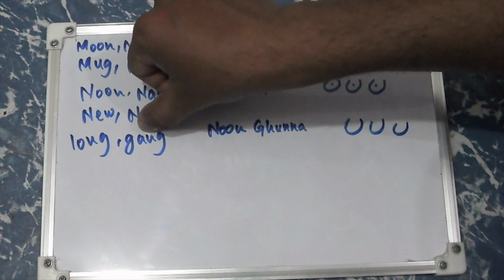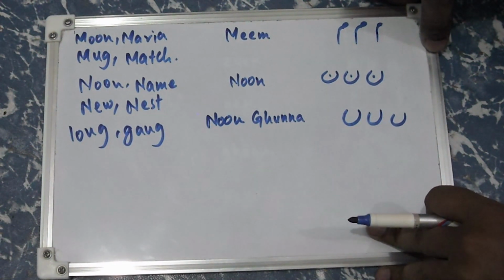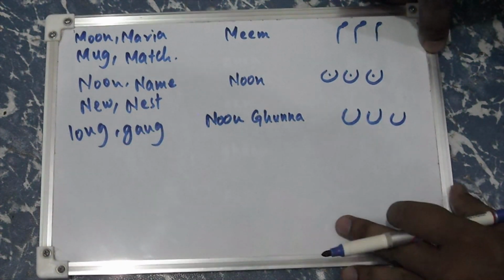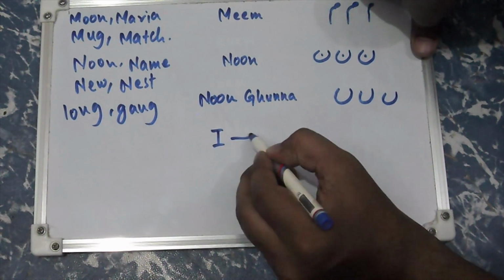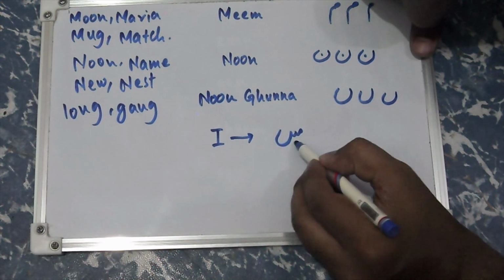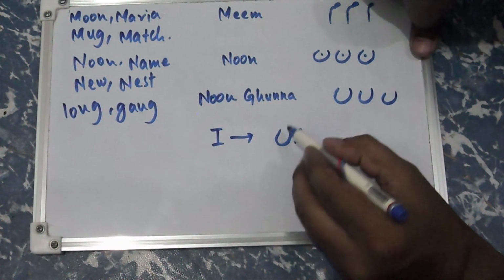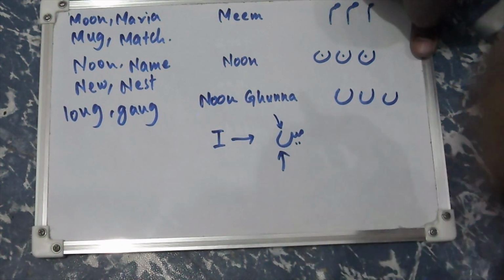Observe the pronunciation, gang. If you have learned a few alphabets of Urdu language, I think you must have learned that I in Urdu is pronounced as main. This main contains noon gunna.